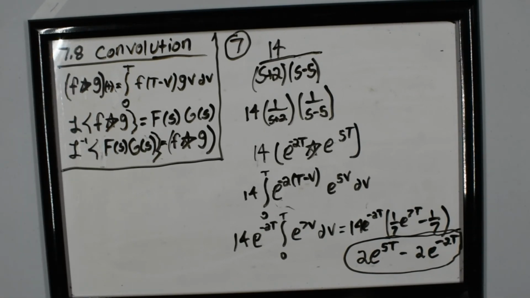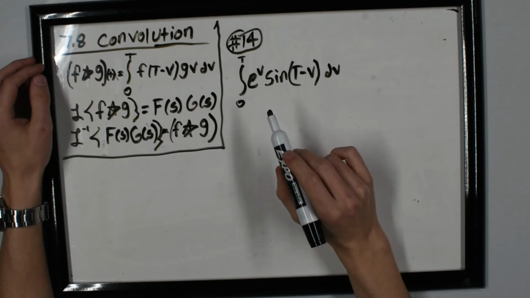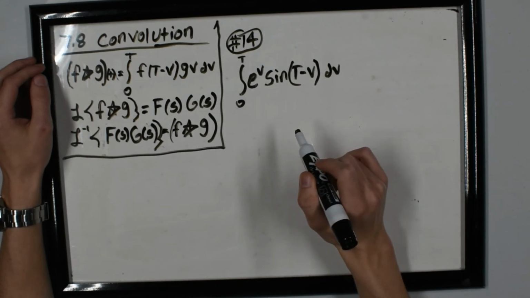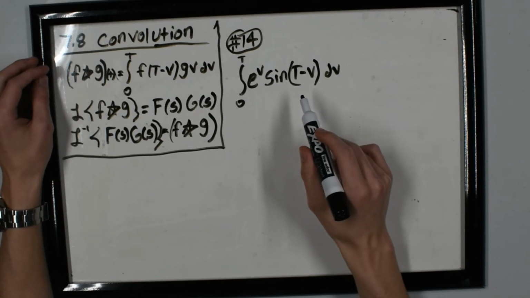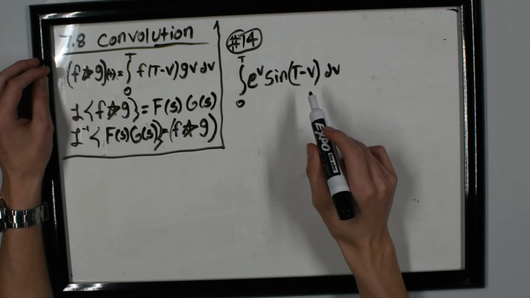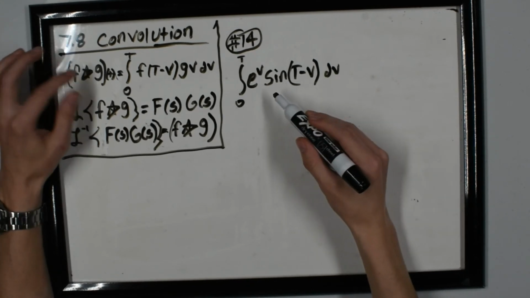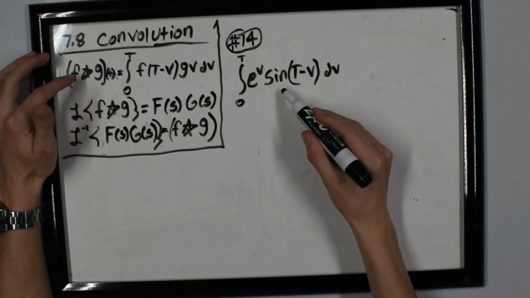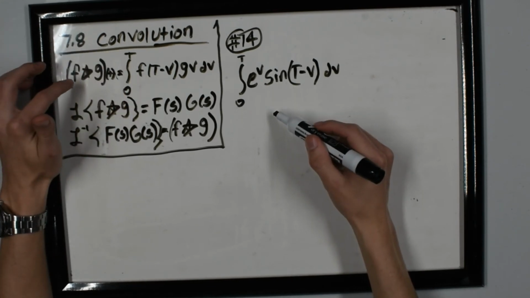Okay, let's do one where we're going the other direction. This question is asking for the Laplace transform of this function. Okay, so what I like to do is I'm going to treat this as f. So f is equal to t minus v. So f is just f of t, sort of.